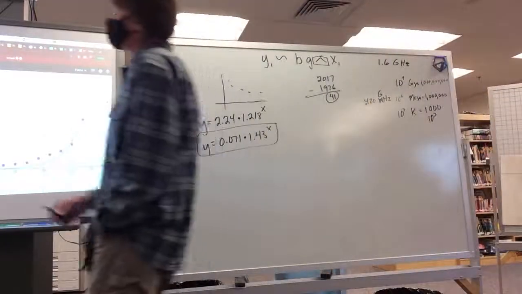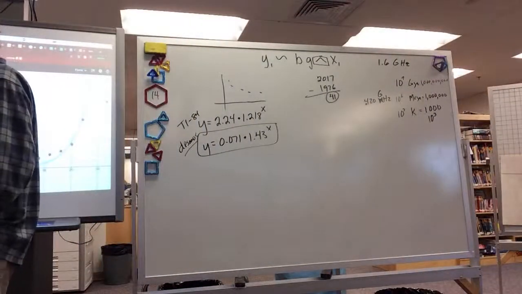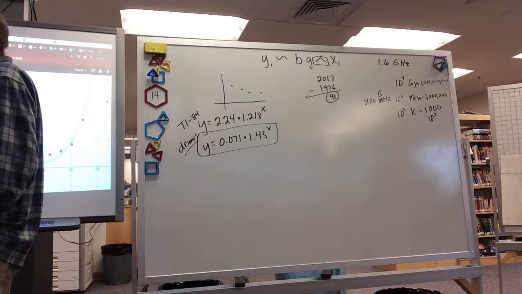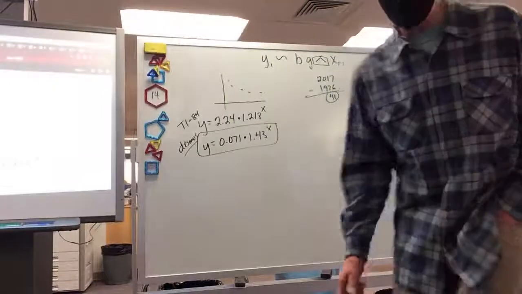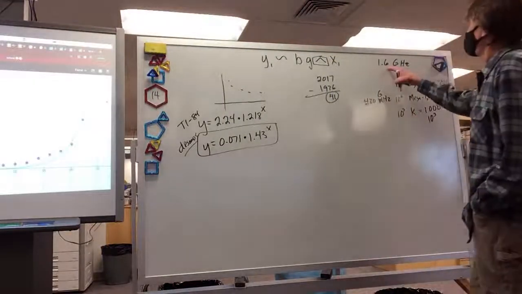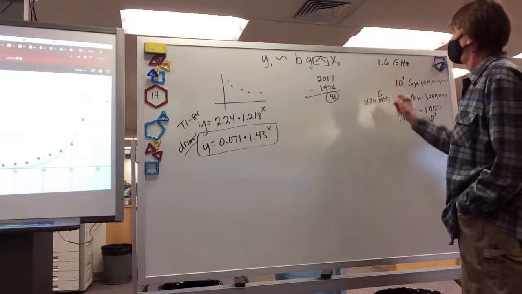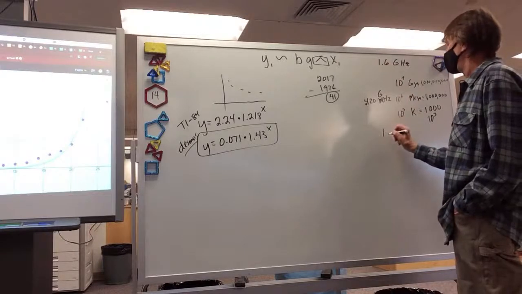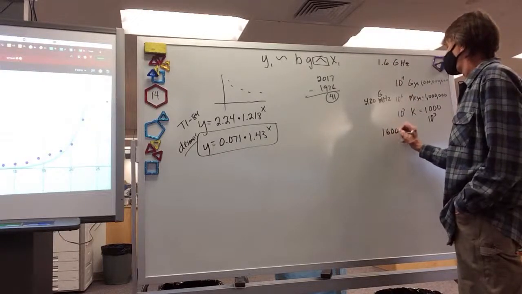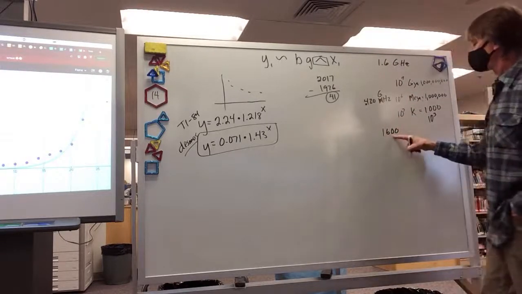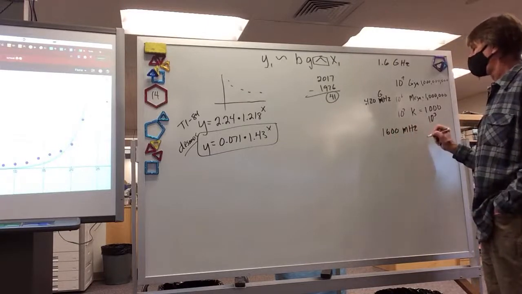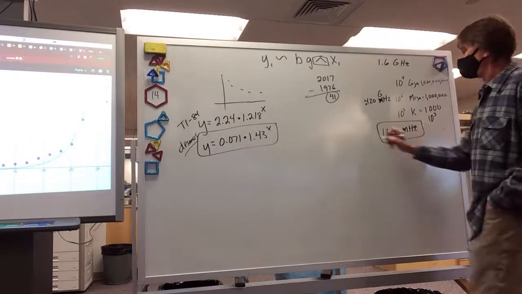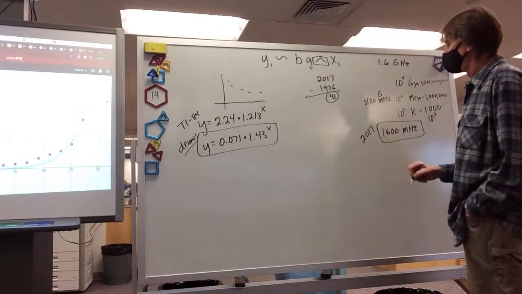So that means if you had an x value of 41 in here, these are megahertz. So 1.6 gigahertz, you move the decimal point to the right 3 places. That would be 1,600 megahertz. This is the year 2017.